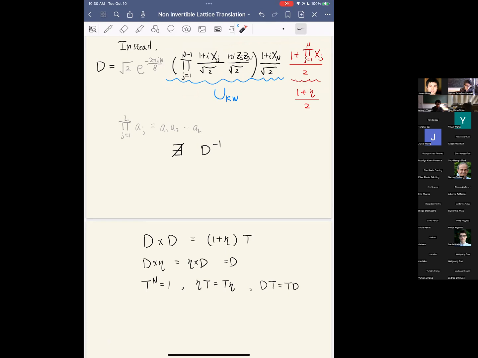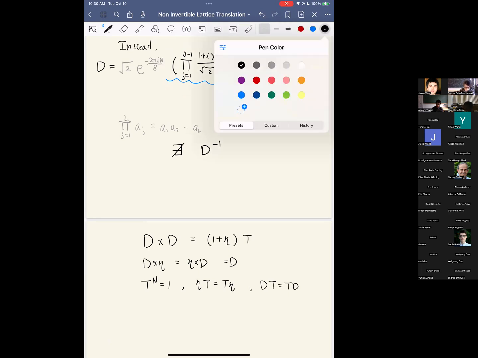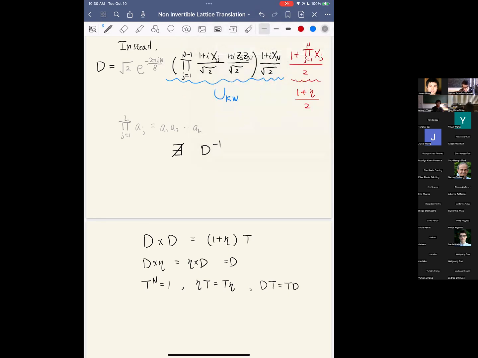But this expression does not make it manifest. I start with site 1, and at the last site, I also did something funny compared to the intermediate sites. And indeed, UKW is not translationally invariant, but only when you multiply it by the projection operator will it be translationally invariant.